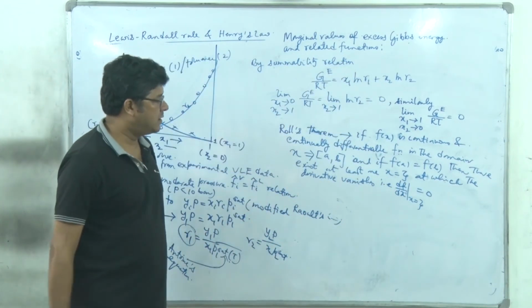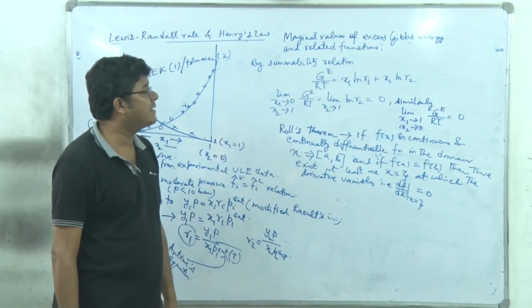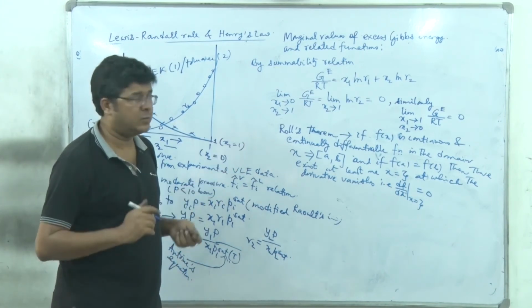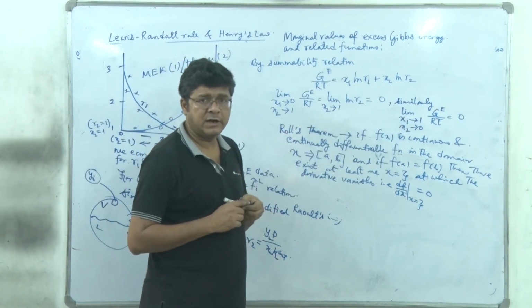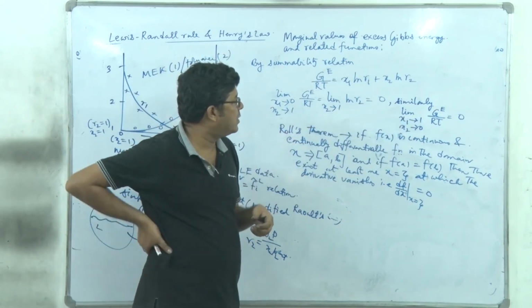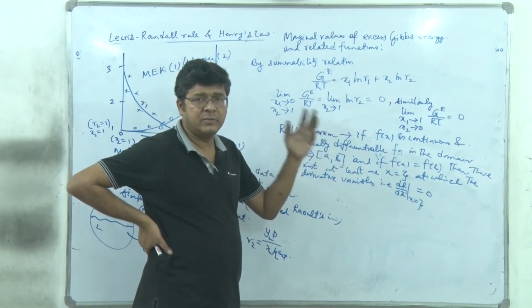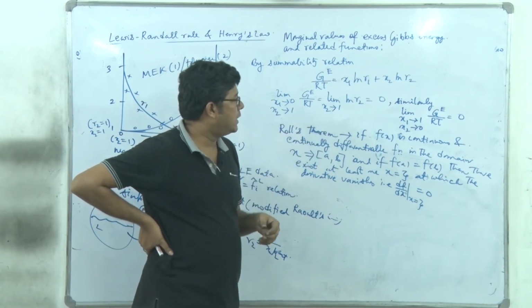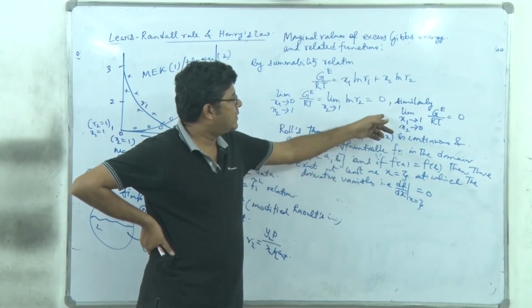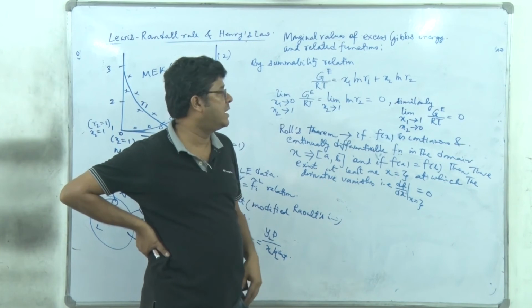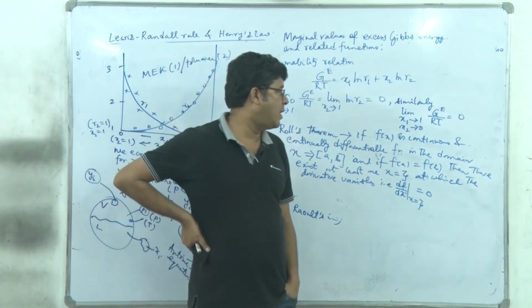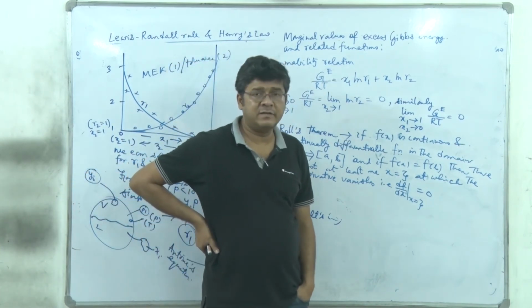What does it mean? It means this f(x) must be nonlinear in this domain. And here what we are getting, G by RT is continuous and continuously differentiable over the domain x1 equal to 0 to 1, and the marginal values, that is G by RT at x1 equal to 1 and x1 equal to 0, both vanish.